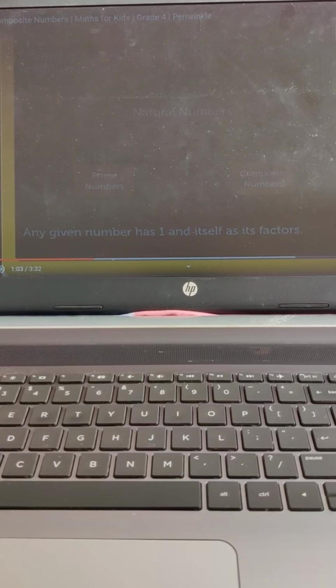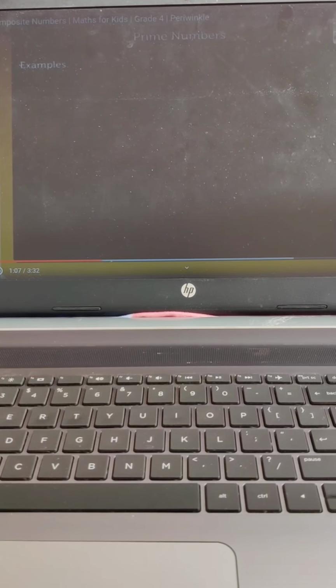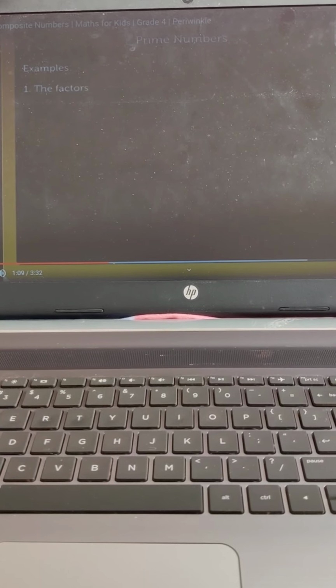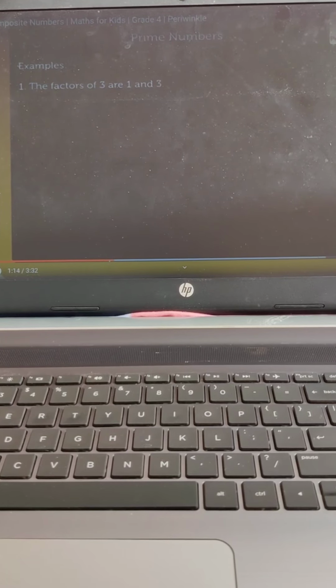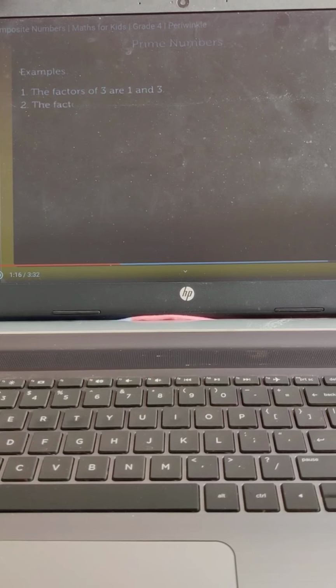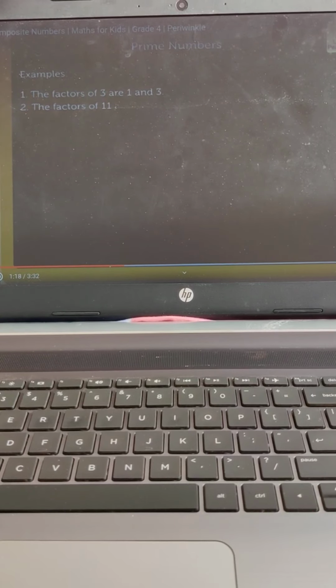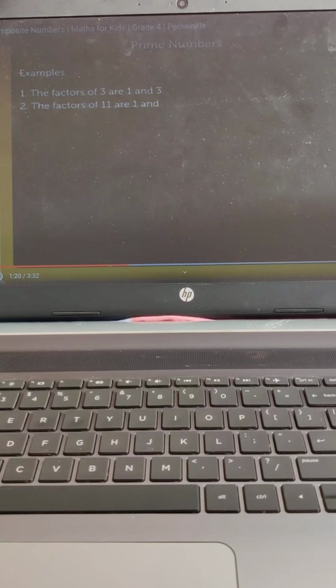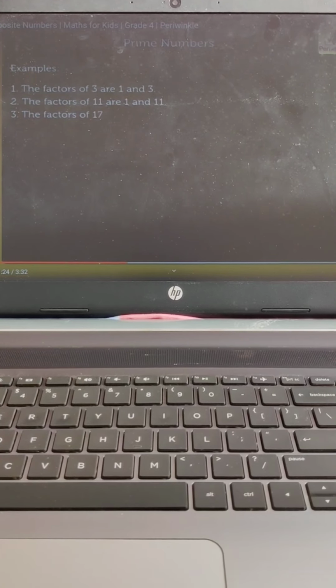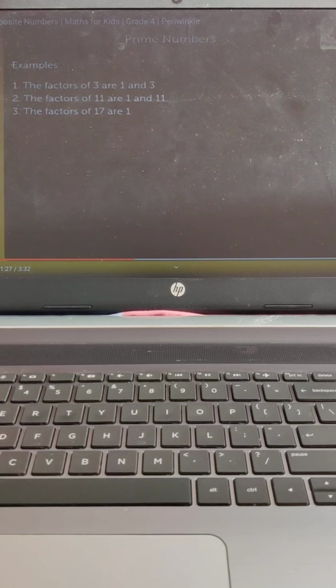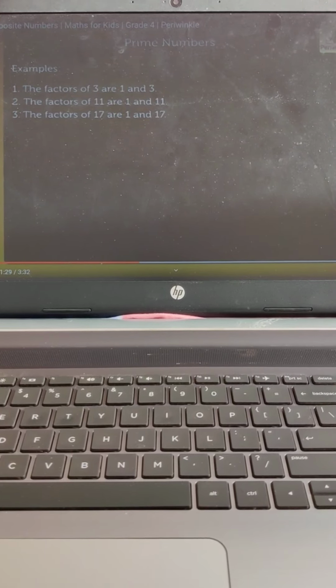Now let us start with prime numbers. Look at the examples. The factors of 3 are 1 and 3. The factors of 11 are 1 and 11. The factors of 17 are 1 and 17.